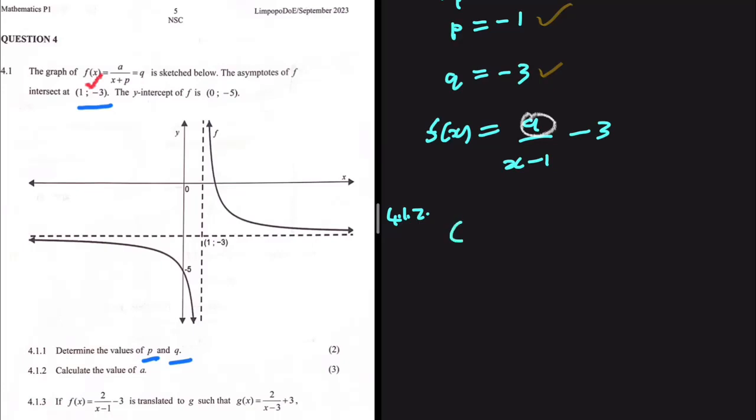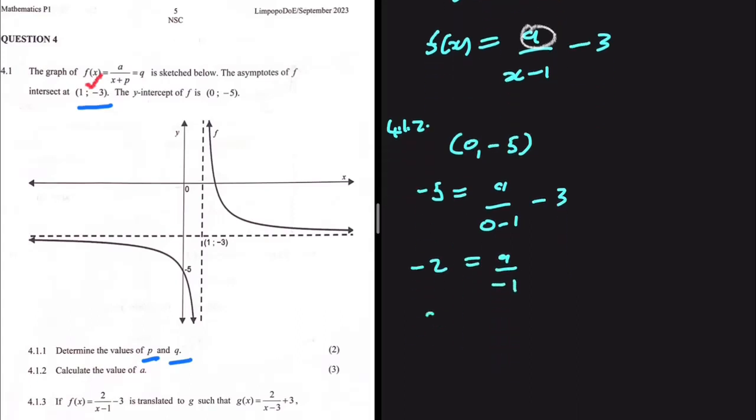The y-intercept has x = 0 and y = −5. Let's substitute that: −5 = a/(0 − 1) − 3. If we take −3 to the left-hand side, we get −2 = a/(−1). It should be easy to see now that a = 2. So that is 4.1.2.